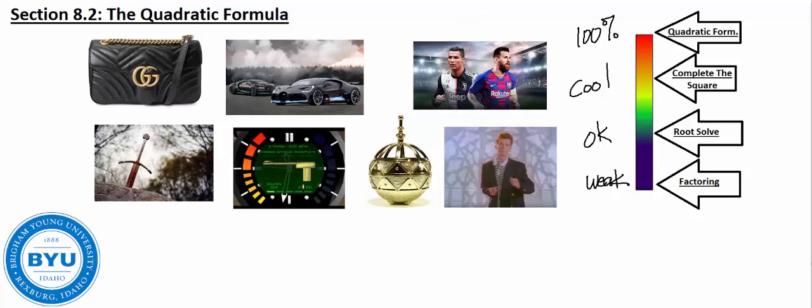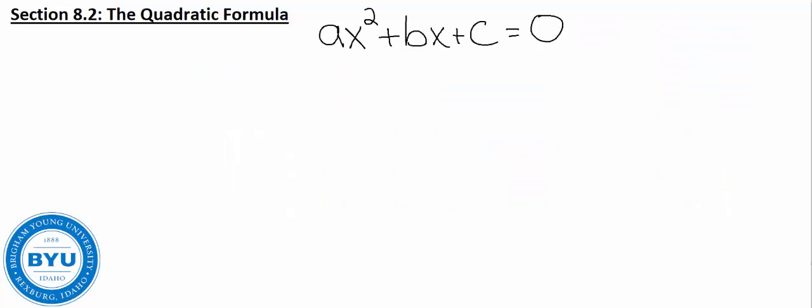Okay. The quadratic formula. Let's show you how we get this formula and where it comes from. If we wanted to solve this problem right here, ax squared plus bx plus c, without any numbers, just with letters, we could do this using what we learned in the last section. In step 1 of completing the square, actually we called it step 0, we had to have a 1 in the front value.